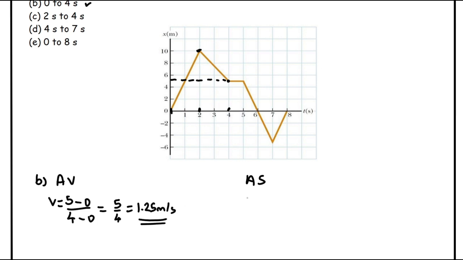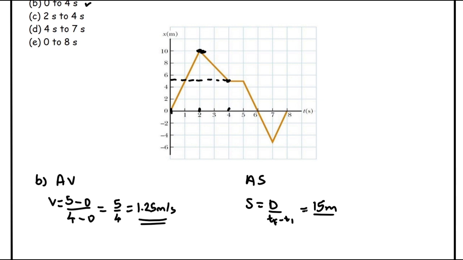Now we come to average speed. Average speed is the distance over the time taken, or the time interval in this case. The distance: we have to go from 0 up to 10, that would be 10 meters, plus he moves now from 10 down to 5 meters, so that's 15, a total of 15 meters over the time interval.